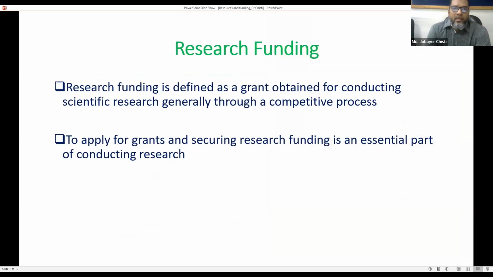And for the resources, research funding is an integral part to run a research, and we need to apply for grants and secure research funding.